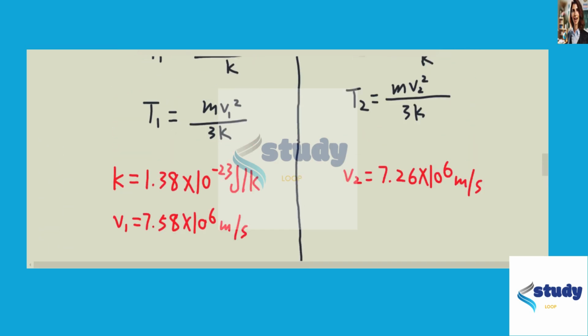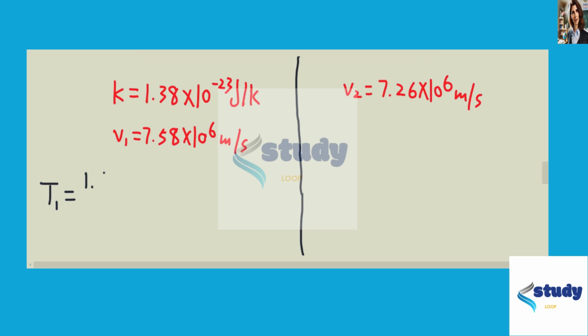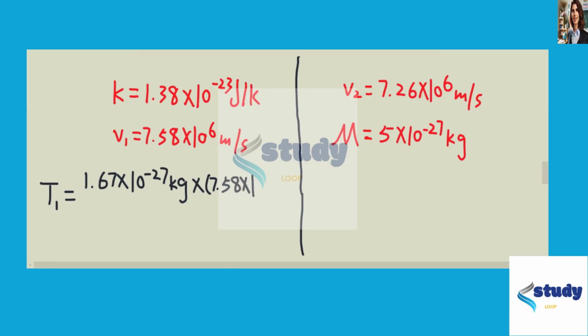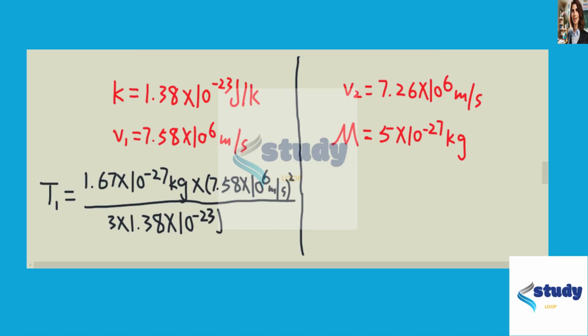T1 is equal to 1.67 times 10 to the power negative 27 kilogram, the mass of the proton, times 7.58 times 10 to the power 6 meters per second squared, over 3 times 1.38 times 10 to the power negative 23 Joule per Kelvin.